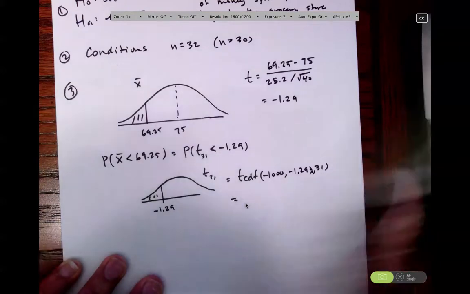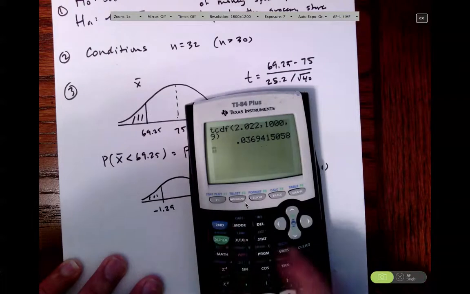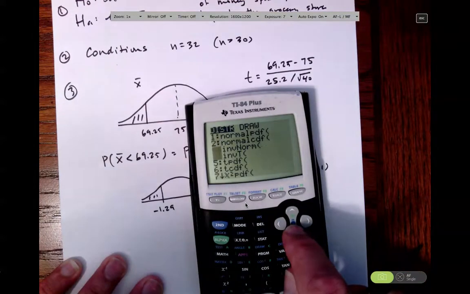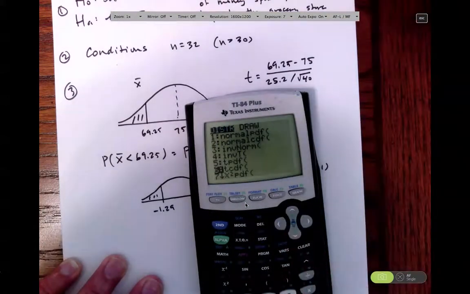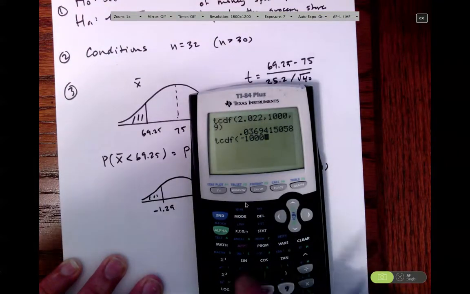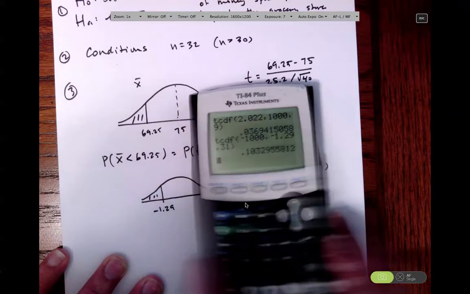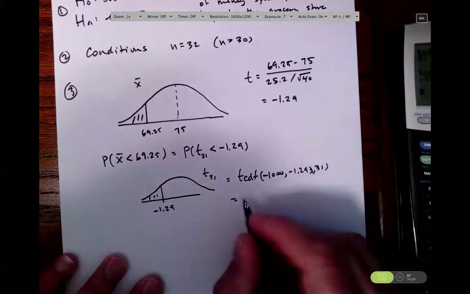So again on the calculator, second, DISTR, tcdf, we're going from negative 1,000 to negative 1.29, and we've got 31 degrees of freedom. We find that this p-value is 10.3%.